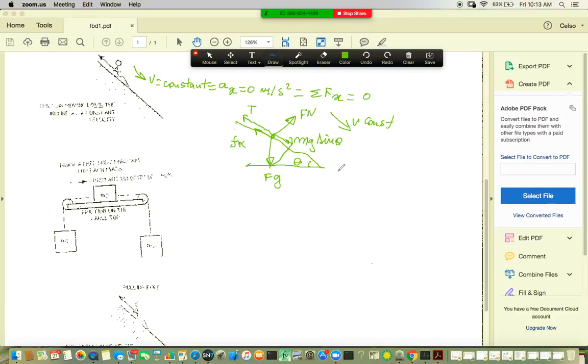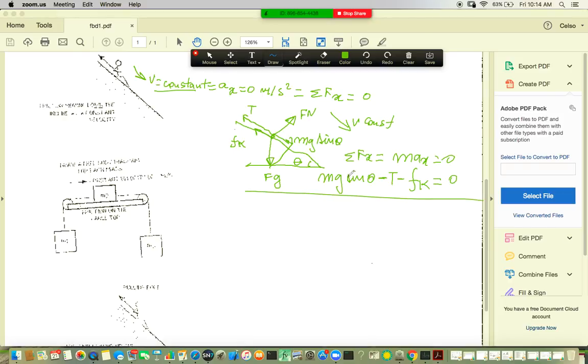In other words, the sum of forces in the x direction must be equal 0, because the velocity is constant, is such that mg sine theta minus the tension of the rope minus kinetic friction that goes against the direction of motion must be equal 0.